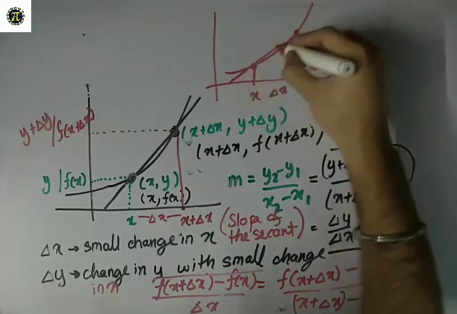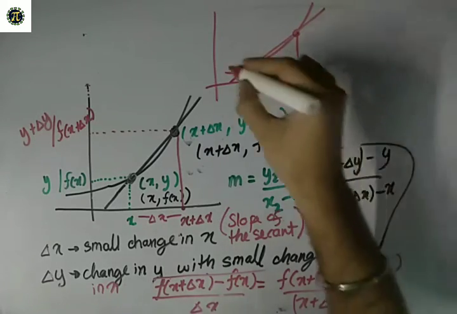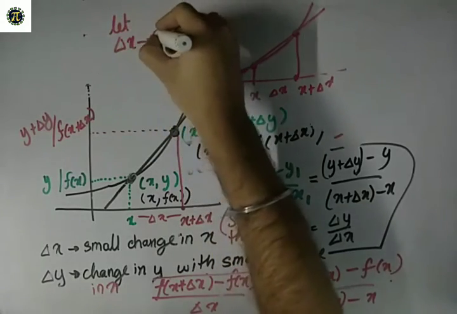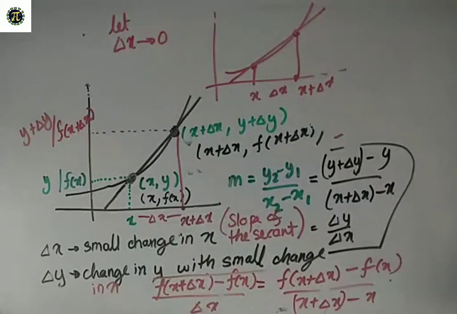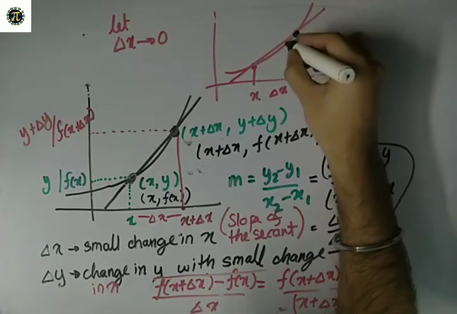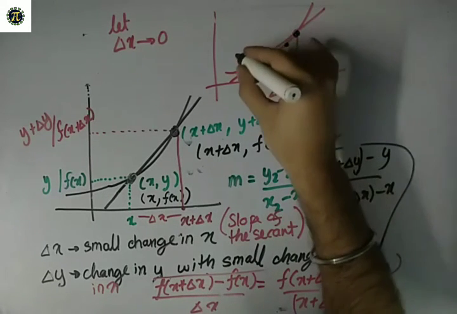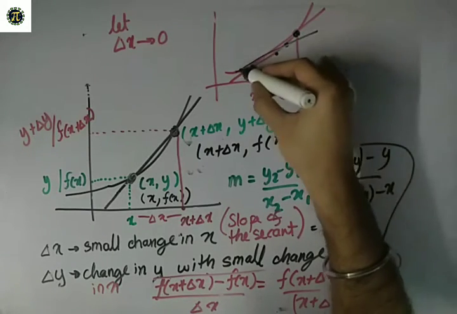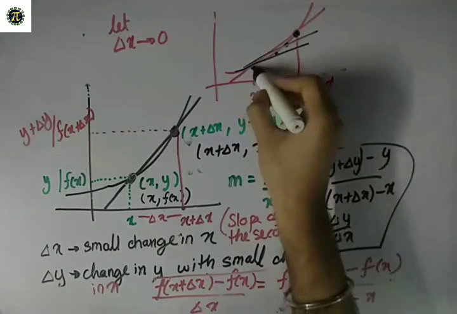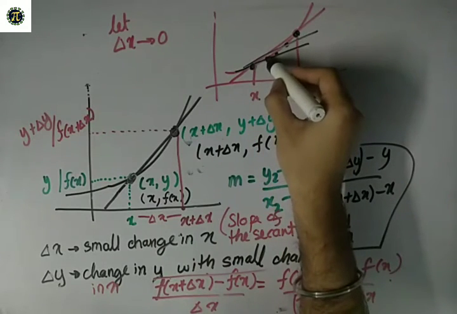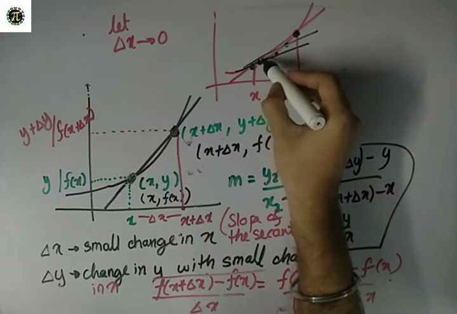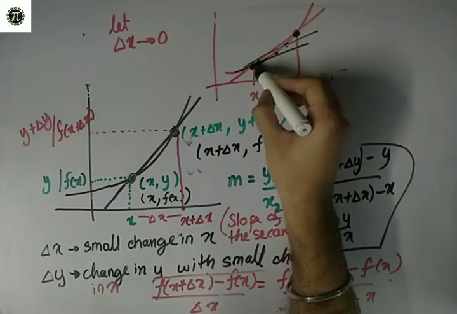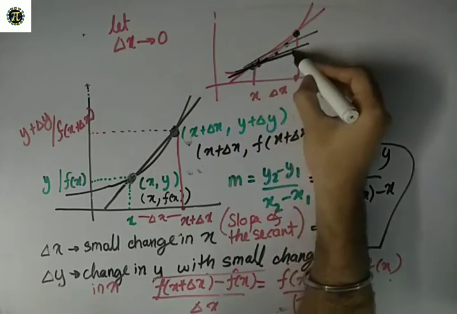We will say let delta x approach 0. So what will happen now? This point will come closer and closer. This line will become like this, then finally this, and finally when this point slides right next to the other, when it is very, very close, the line will be passing through 2 points, but let's say it just touches the curve now.